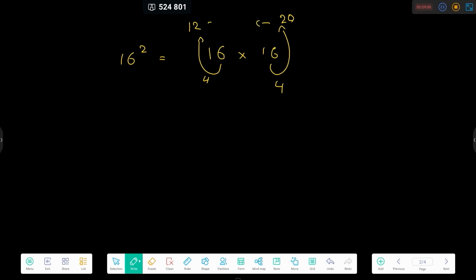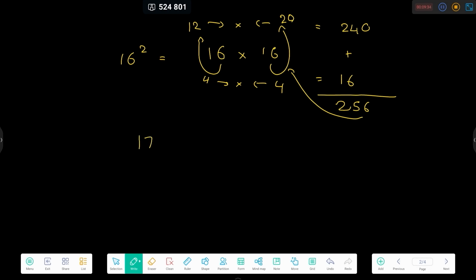Again, multiply these two numbers to get 12 twos are 24, 240, and 4 into 4, which gives 16. Add these two numbers to get 256, which is the square of 16.